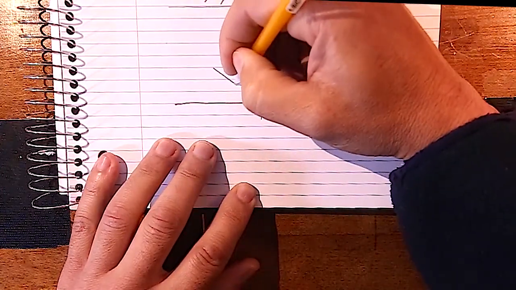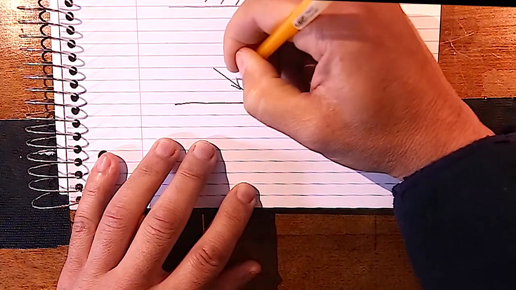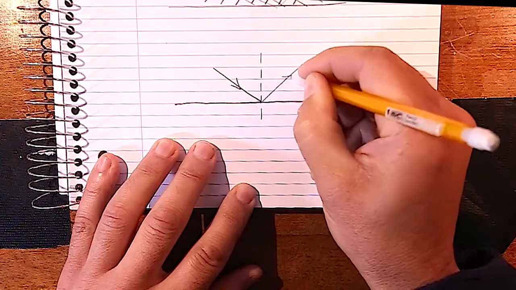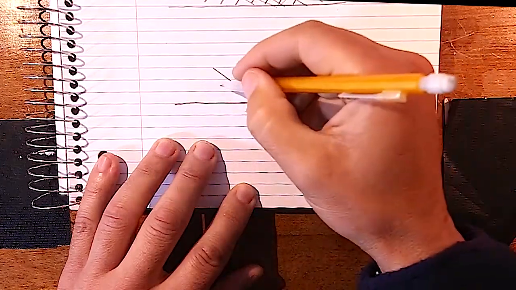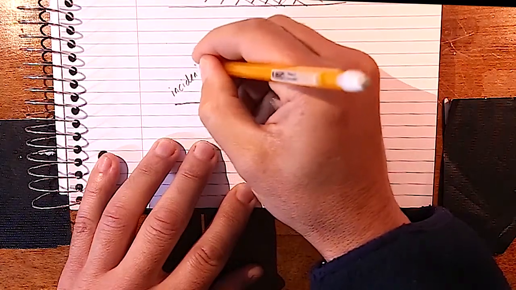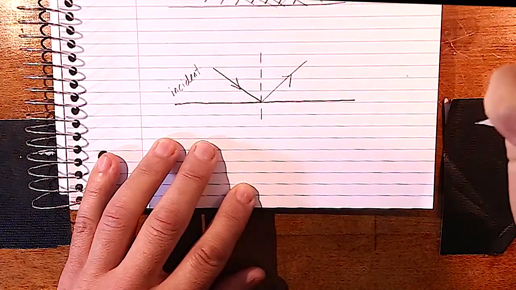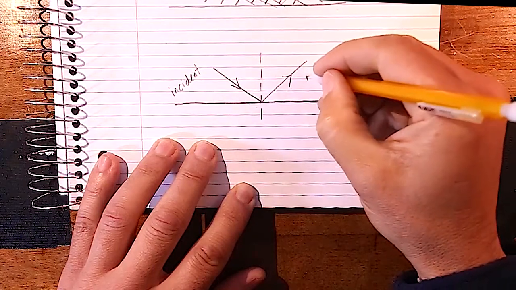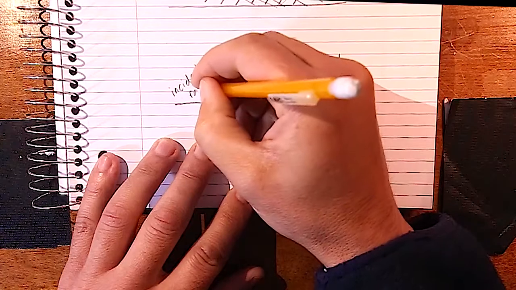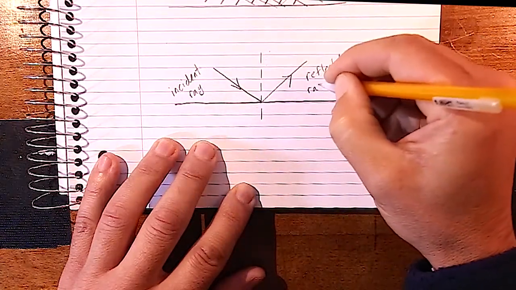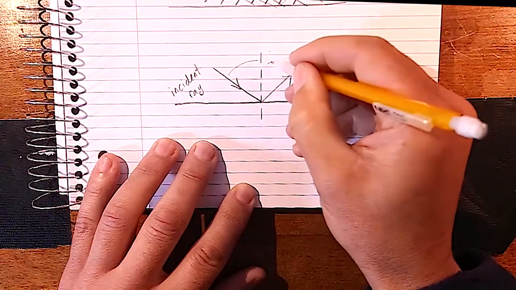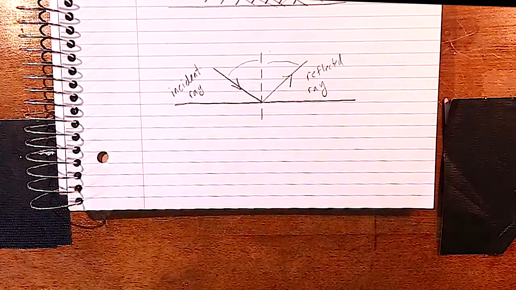Then we draw our light ray, which comes in like that, and then we draw the outgoing light ray like this. Now, this incoming light ray is called the incident ray, and the outgoing ray is called the reflected ray. So I'll add the word ray here, like that. And there's a relationship between the angles that are in here, and we'll see that in just a second.